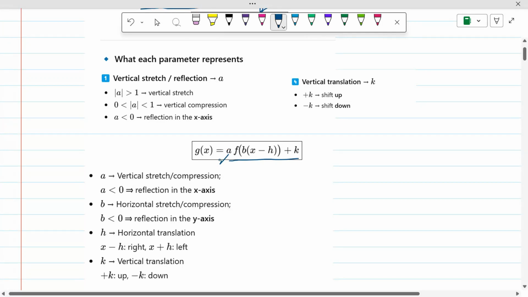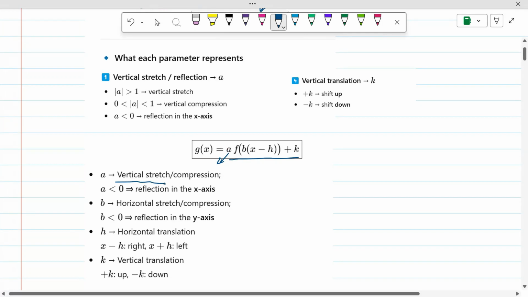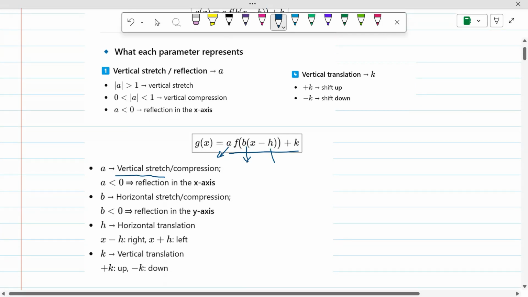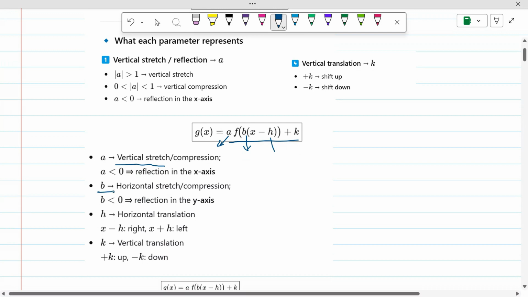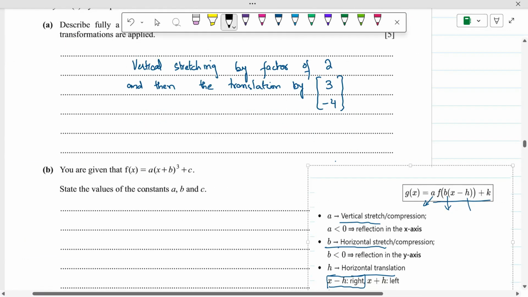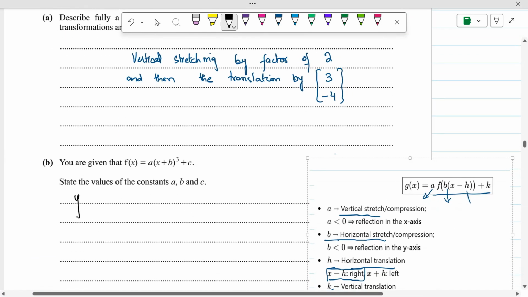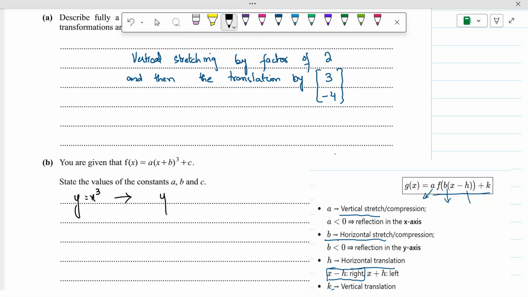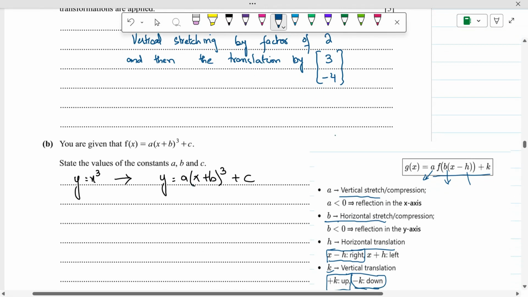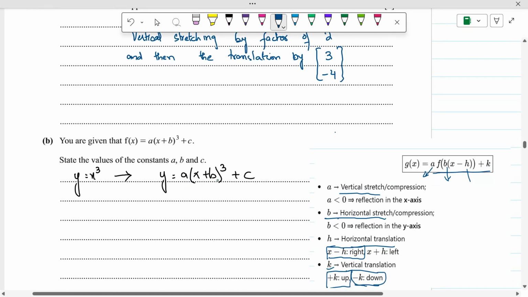In this case, a is the vertical stretching and b is the horizontal stretching. Now we have y is equal to x cube, which has been transformed to y is equal to a times x plus b whole cube plus c, and we need to define the values of a, b, c.